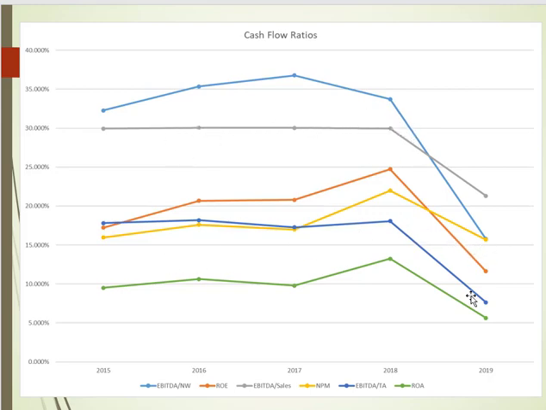There's not a great distinction between all of them. We can see that 2017 and 2018 were good years, but this last year, something dramatic has happened and these numbers have declined substantially. Obviously, we want to know what's going on with respect to these cash flow numbers.